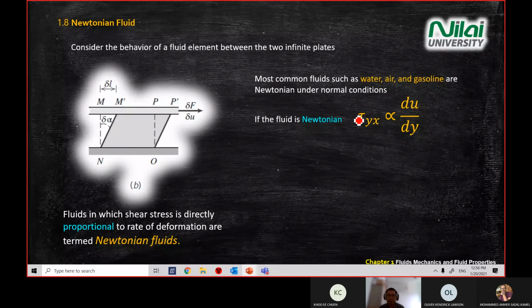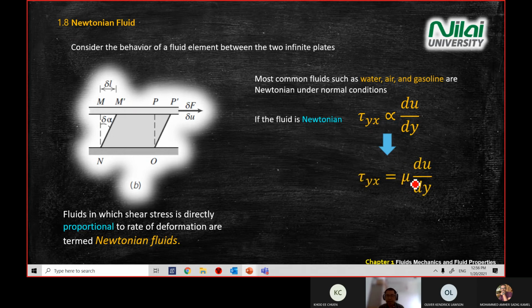So this is how we write it. For Newtonian, this is the mathematical model. We write shear stress with a proportional symbol to shear rate. We know that we can convert this proportional symbol in mathematics into a constant value.